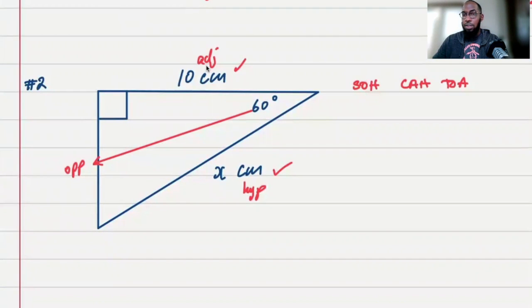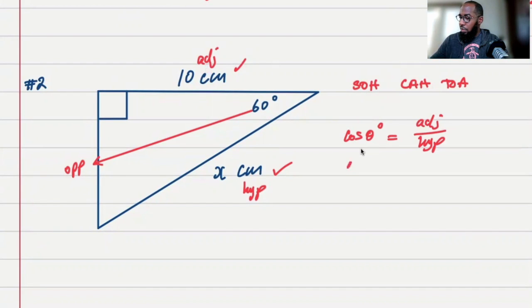Here's hypotenuse, it doesn't have adjacent. Here's adjacent, no hypotenuse. So we know definitely the cosine trig ratio we are going to use. So cosine or cos theta is equal to adjacent over hypotenuse. Adjacent over hypotenuse, A over H.